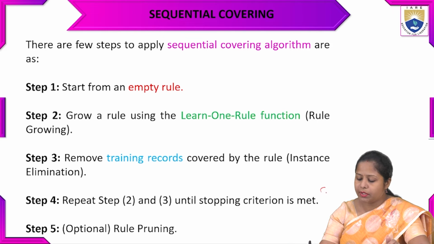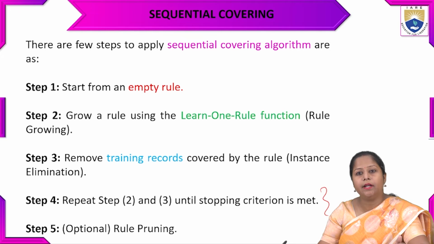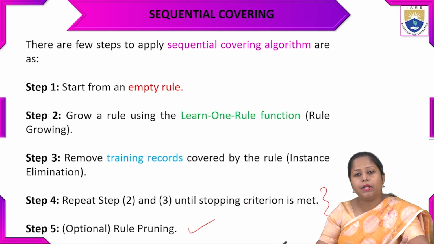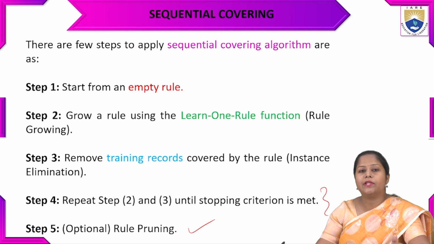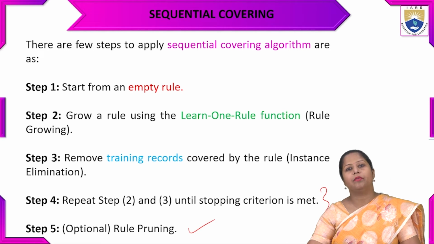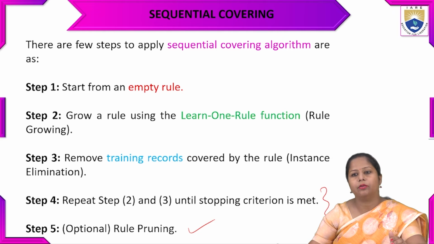In the fourth step, we repeat the second and third steps until the stopping criterion is met. And in the fifth step, we do rule pruning. The rules that are not required, we remove or prune. That is the last step of the sequential covering algorithm.